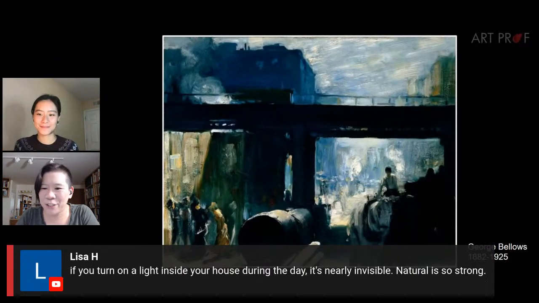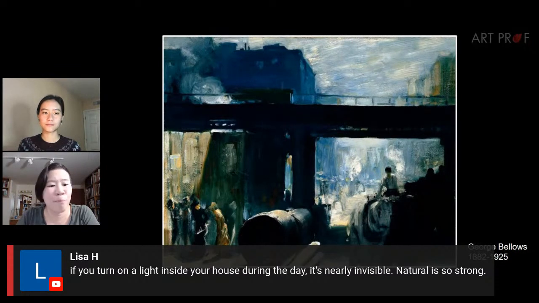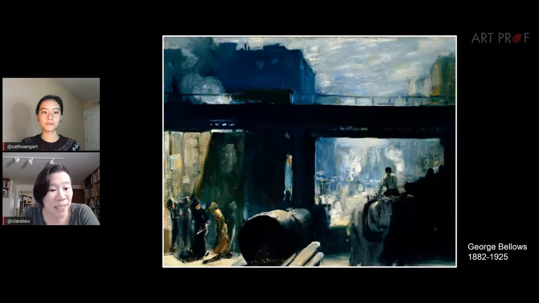We have this comment here from Lisa, who says, if you turn on a light inside your house during the day, it's nearly invisible. Natural light is so strong. I'm really glad you brought that up, Lisa, because how powerful a light is really does affect things. And you're right, nothing can compete with natural light. It's just so prominent and such a force. Do you have a preference, Kat?